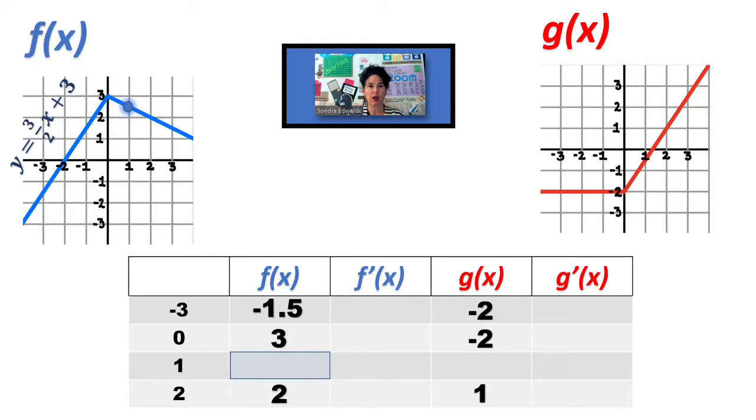If I start up here at the y-intercept, and then I go down 1, forwards 2, I can tell that my slope is -1/2. So we're going to have y equals -1/2 x plus 3. Now I'll just substitute the 1 into this function. -1/2 multiplied by 1 is -1/2 plus 3 is 2.5.